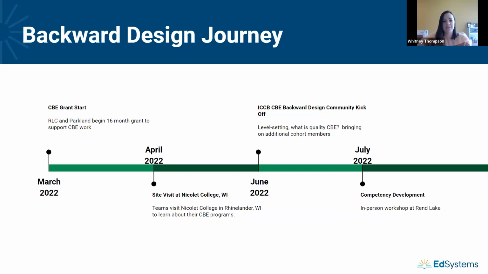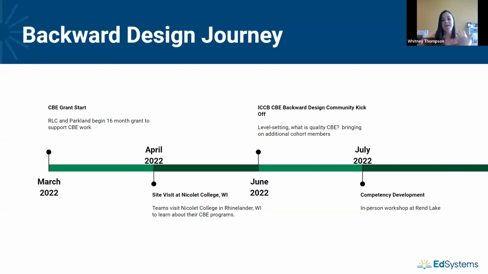You're going to have to build the competencies. You're going to have to look at your assessment practices. You're going to have to collaborate with your business and financial aid folks at the college, your IT folks. Obviously, this is a faculty-led journey, but you have to have buy-in from administration.